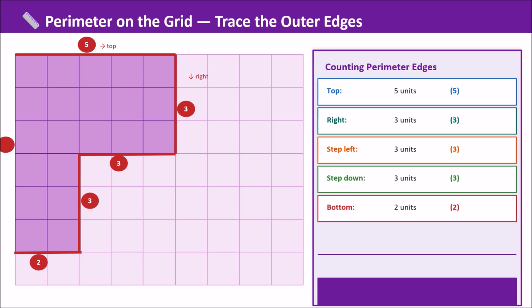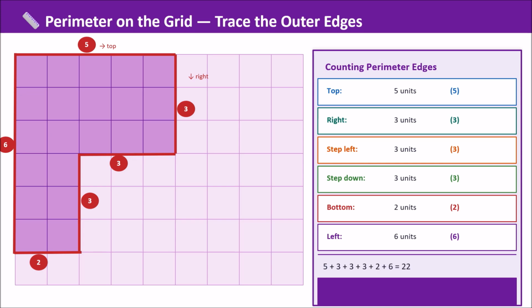Finally up the left side all the way to the top, that is 6 units. Now add all the 6 sides. 5 plus 3 plus 3 plus 3 plus 2 plus 6 gives you 22 units. So the perimeter of this given shape is 22 units. Now don't forget that for the perimeter we count only the outside border units.